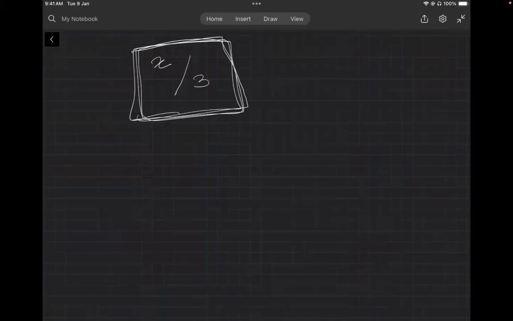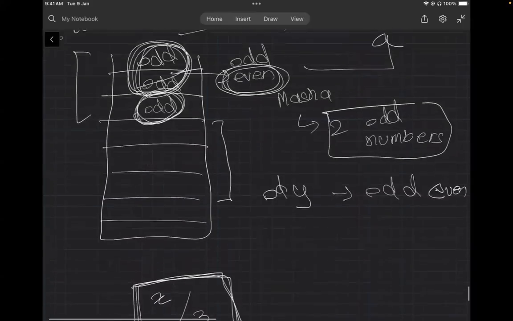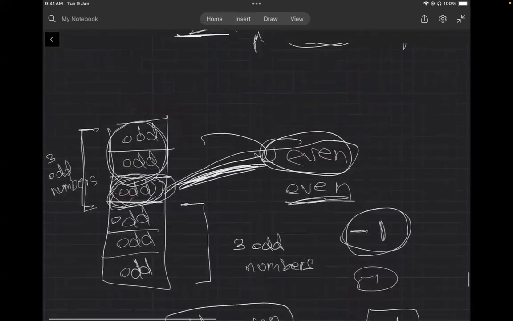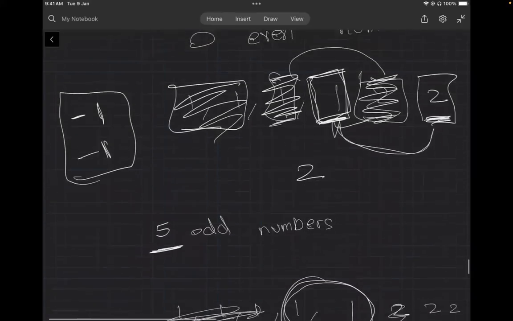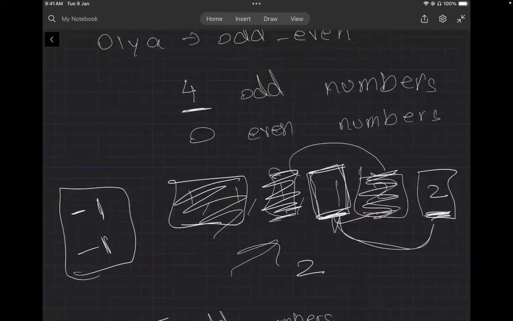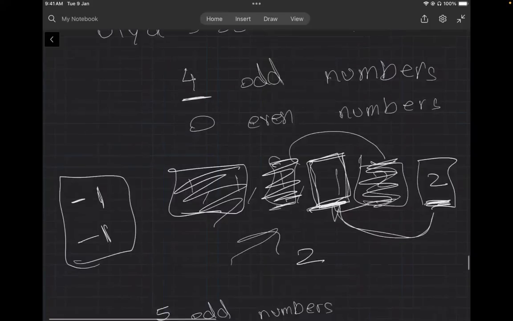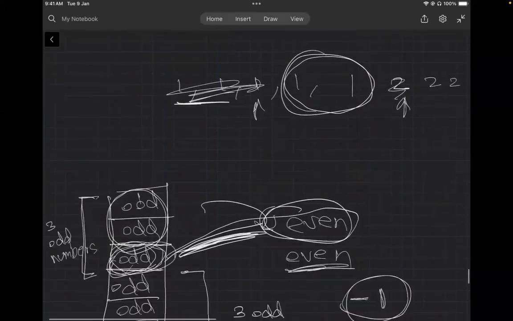Okay. Now, here I also showed you a case where we are forced to merge when there were 4 odd numbers. So what does this mean? Let's see.